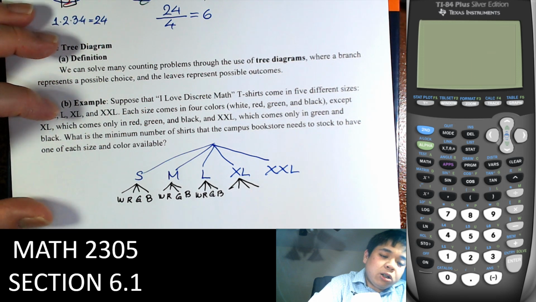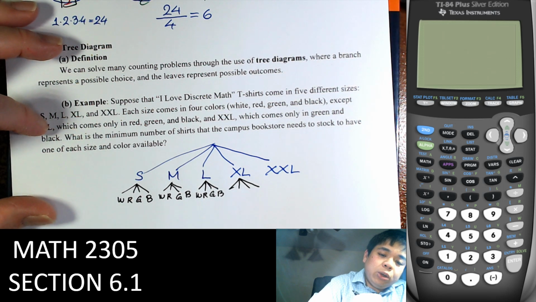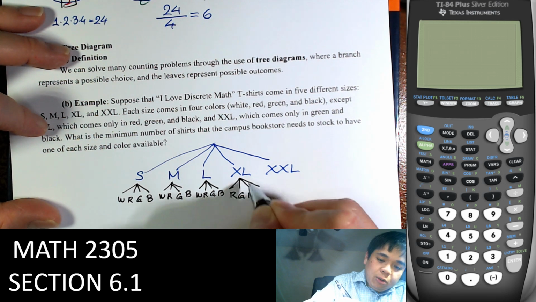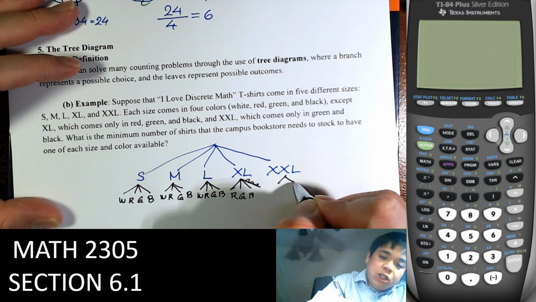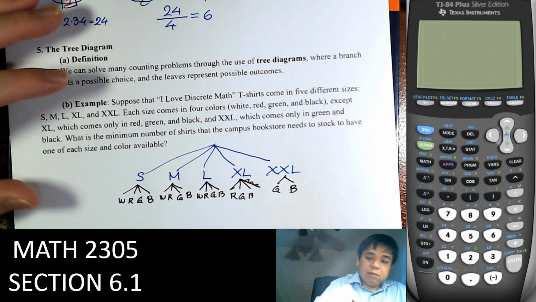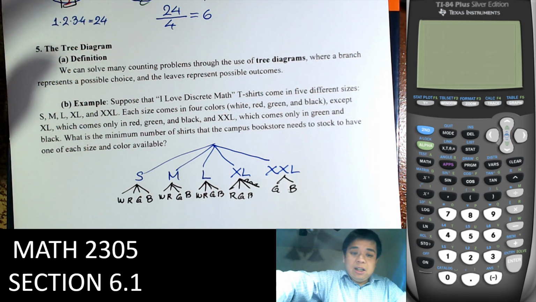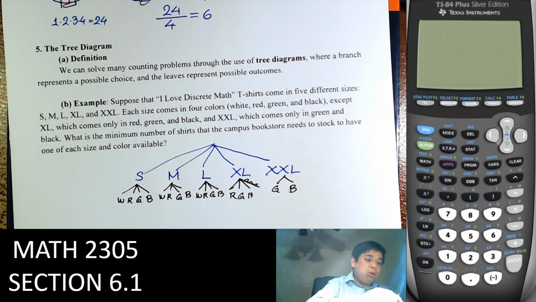And extra large, there are only 3: red, green, and black. And then XXL, only 2, green and black. So in that case, we list a tree diagram like that, and after that we can just count the ends of the tree.